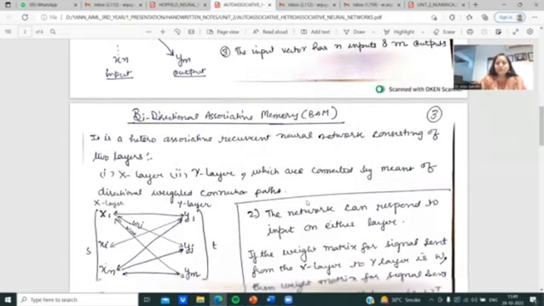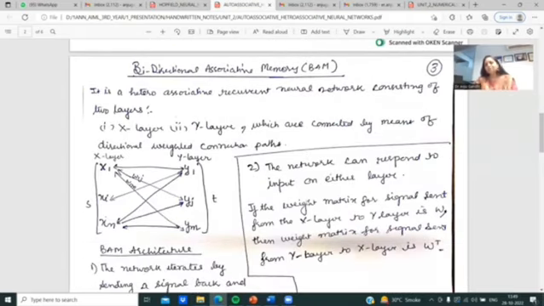Hetero-associated memory. Now, one very important topic in associative memories is the bidirectional associative memory, which is also very well known as BAM. It is a hetero-associative recurrent neural network consisting of two layers. We have studied auto-associative, we have studied hetero-associative, and now we are studying a bidirectional associative network.